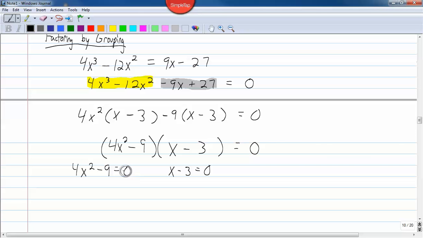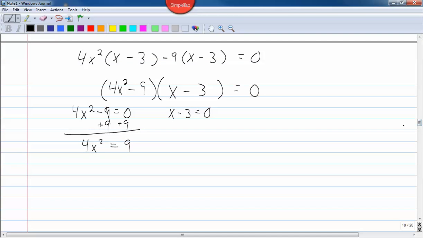If we want to solve for x, we're going to have to use the square root property, or that's probably the easiest way. It's not the only way, but probably the easiest. So that's 4x squared equals 9. Divide both sides by 4. So I get x squared equals 9/4.